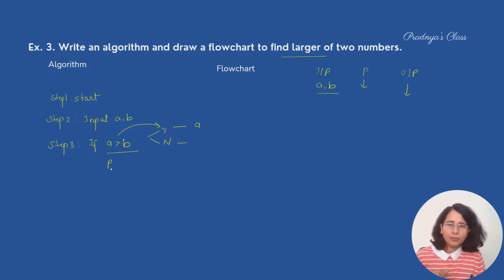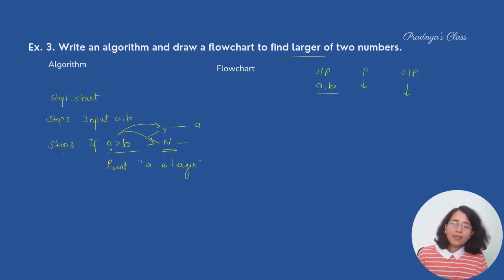So accordingly you can print the message that the variable A is larger. Then what if this statement is not true? Then it will execute no, that is the false statements. A is not larger than B means what? B will be larger.